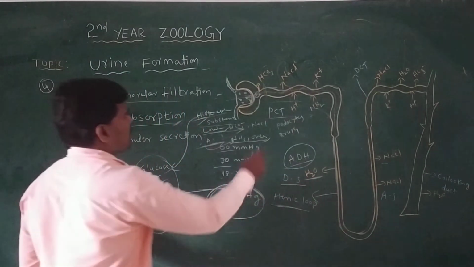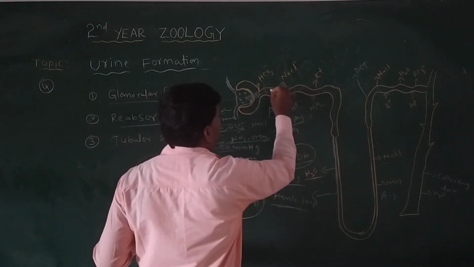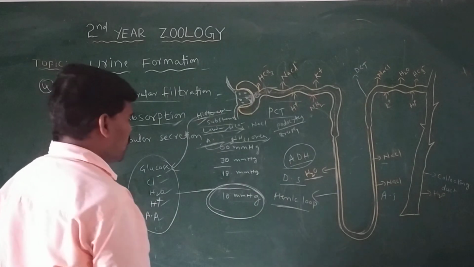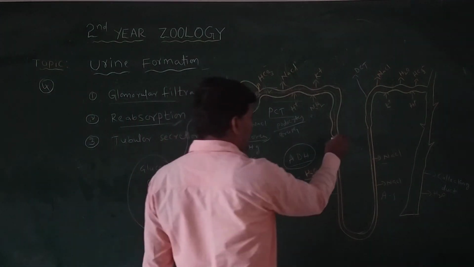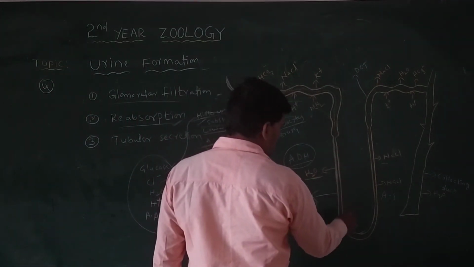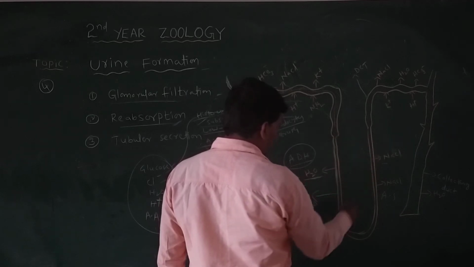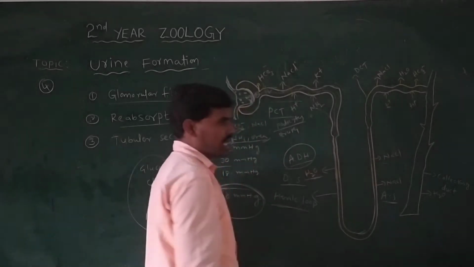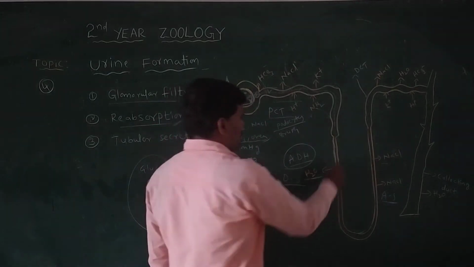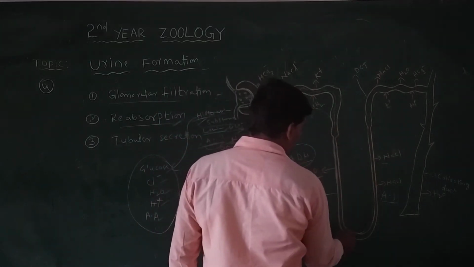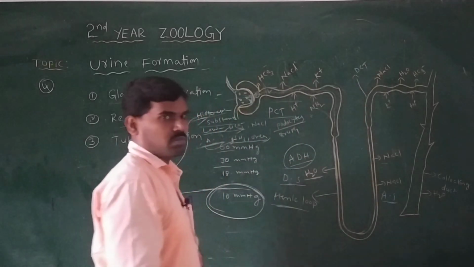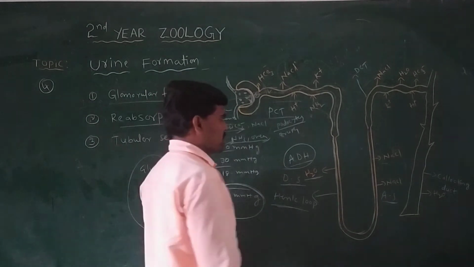The brush border, like the podocyte cells, increases the volume. In the PCT walls and the loop of Henle, the fluid flows in opposite directions in the descending limb and the ascending limb, from the anterior to the posterior side and from the posterior to the anterior side.